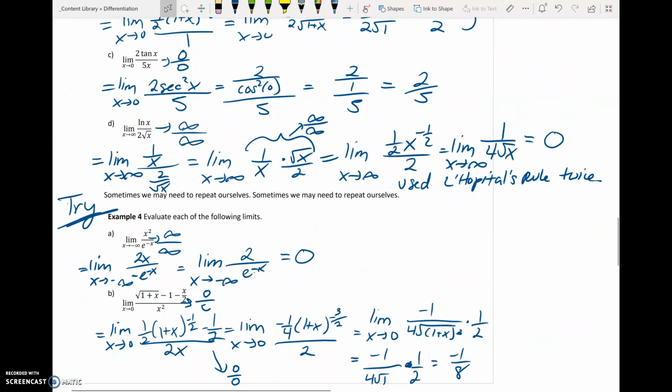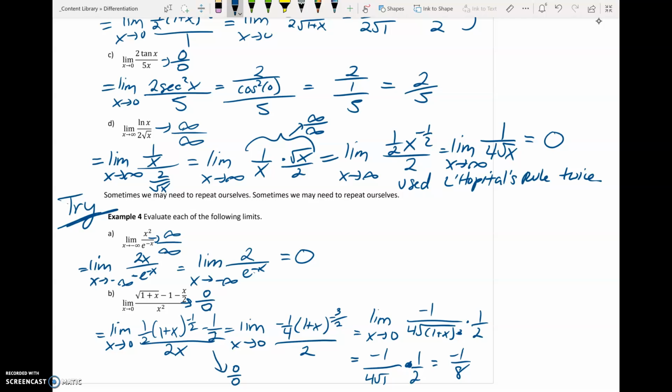All right, so for A and B, the first step is to make sure that this limit is tending towards an indeterminate form. So the first one is going to be infinity over infinity. Then you're going to take the derivative of the numerator, take the derivative of the denominator, and you're going to get another indeterminate form.